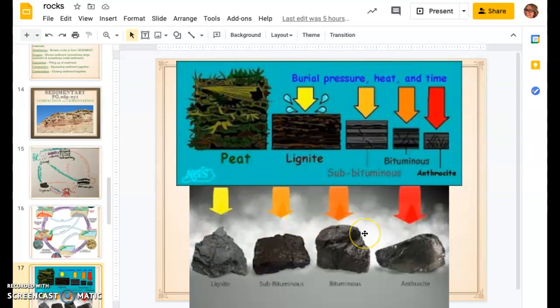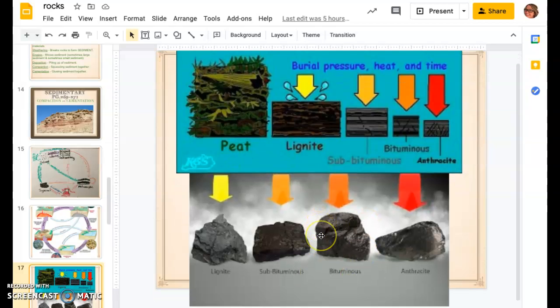So this is a sedimentary rock that's forming because of compaction and cementation. I'm probably not going to put specific questions about the types of coal on there, but because of where we live, I wanted to make you aware of it while we're studying this unit as well.